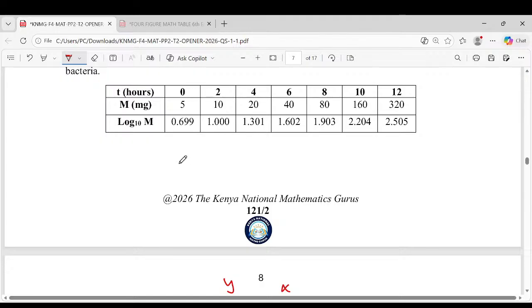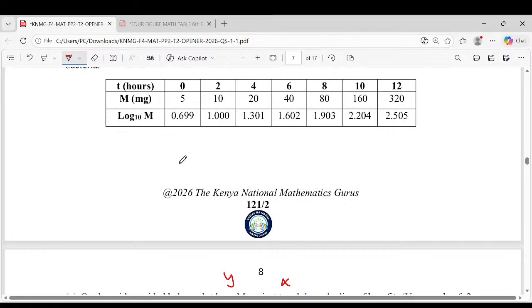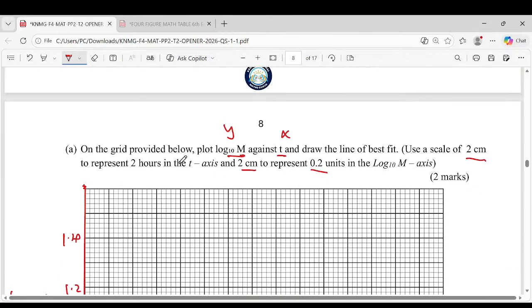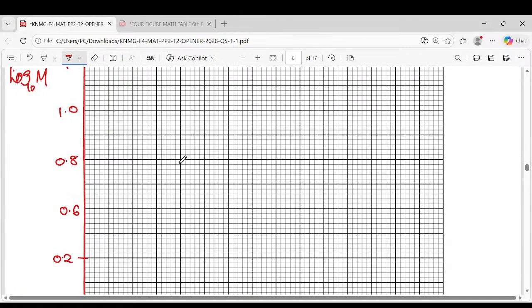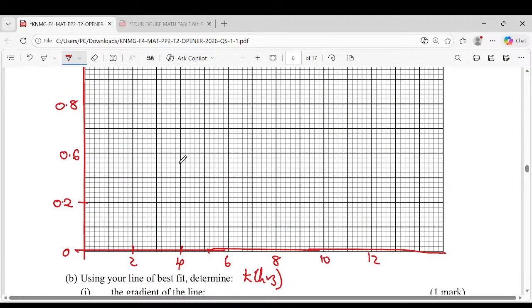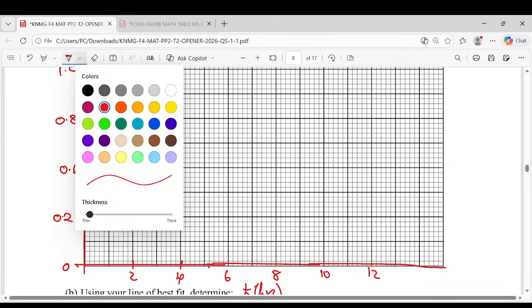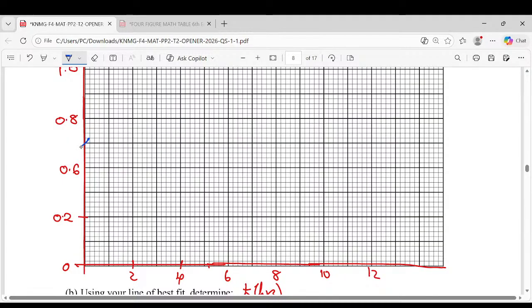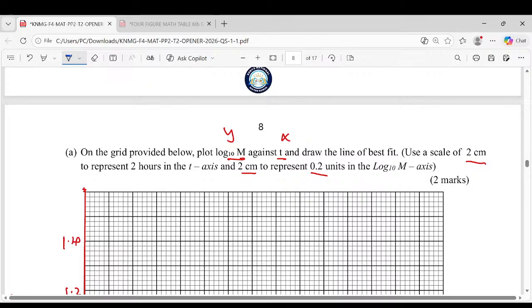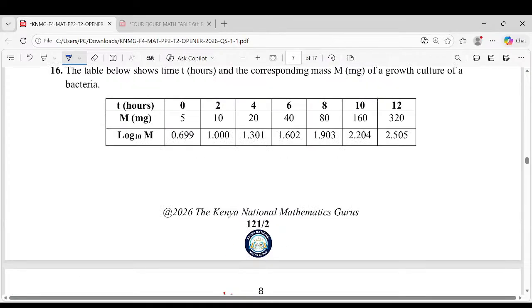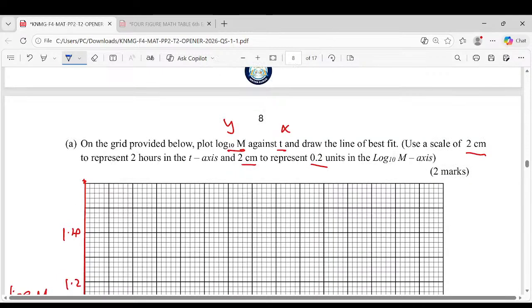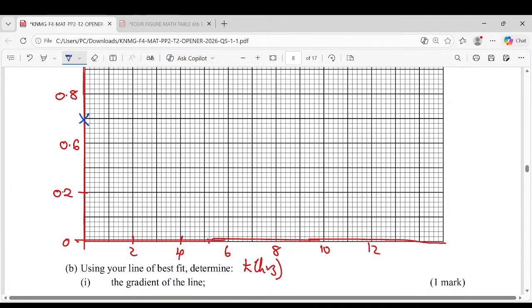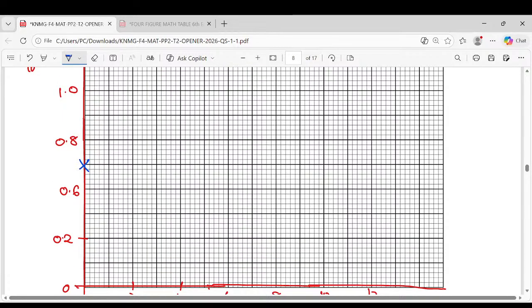Okay. At 0, let me use a blue ink. At 0, 0.7 is here. Then, when t is equal to 2, this is at 1. 2 is at 1 here.